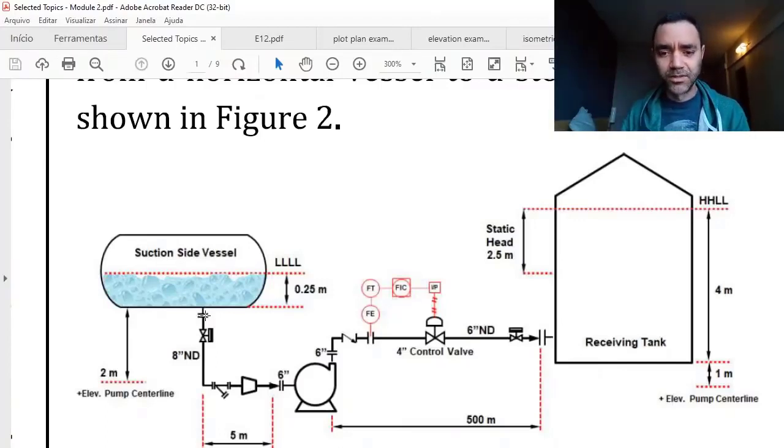Because sometimes when we do the plant design, the project documentation is built, but there are some changes in the field, and eventually the project documentation is not updated.